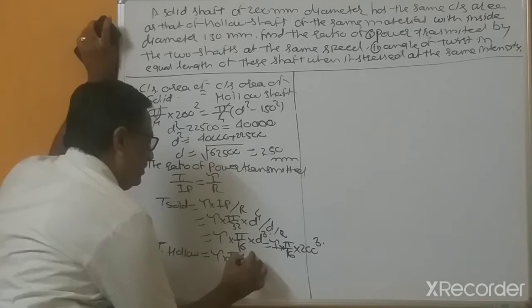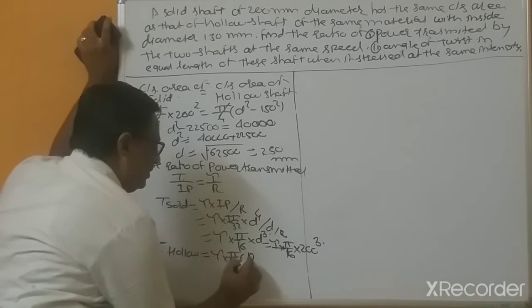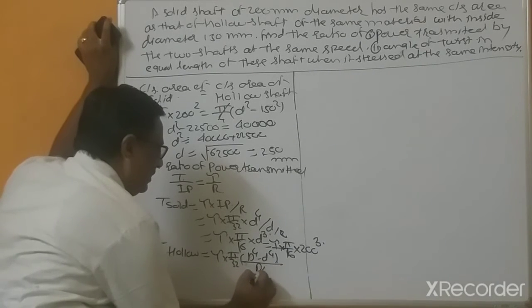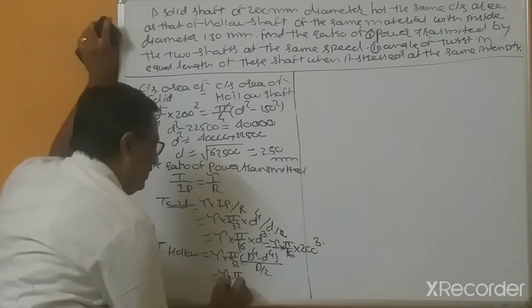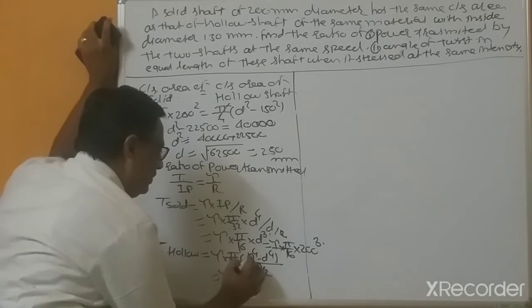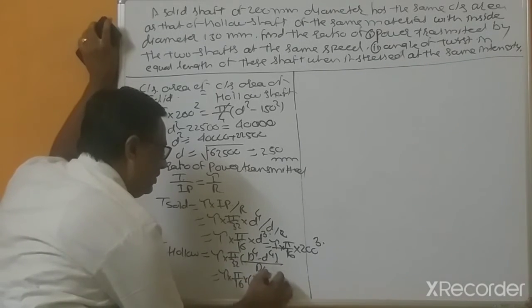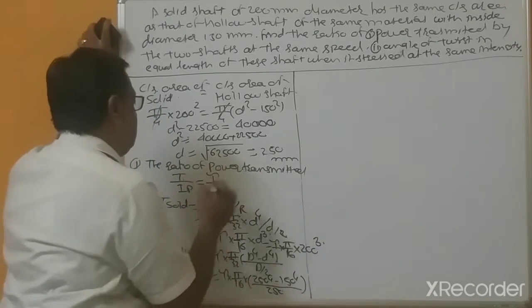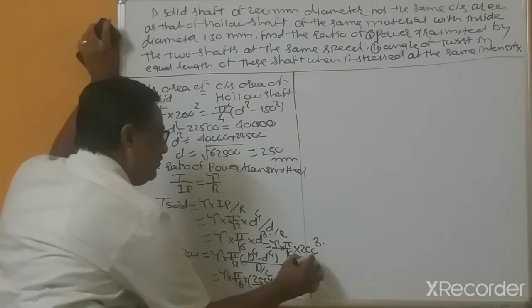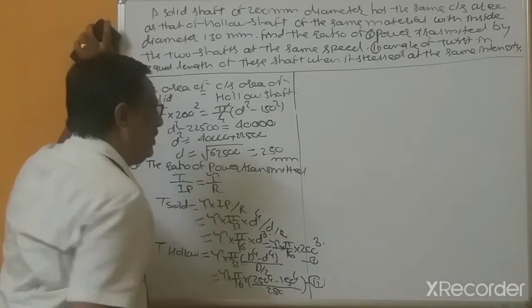Here it is capital D raised to 4 minus small d raised to 4, divided by D by 2. Again, this is pi by 16 into 250 raised to 4 minus small d, which is 150, raised to 4, and D equals 250. Suppose this is the first equation and this is the second equation.